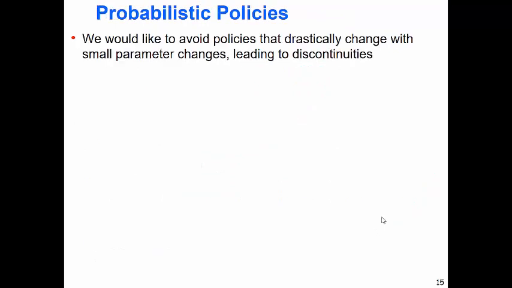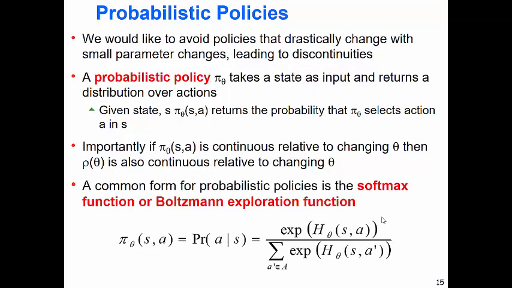So we said typically what you'll see when people are doing policy gradient is they use probabilistic policies, which return for a state a distribution over the actions, a probability distribution.